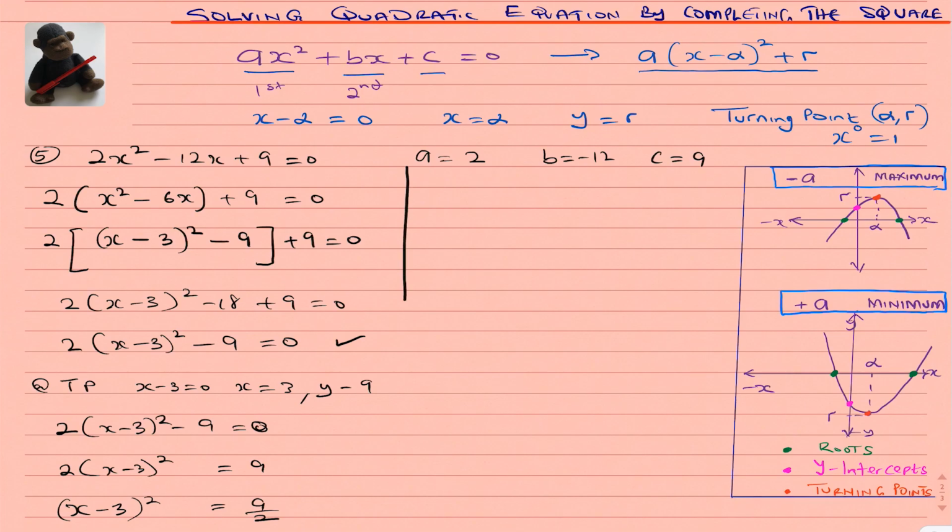Then you draw my line here so I can then carry on. Now I need to square root both sides, so I get x minus 3 equals plus or minus root 9 over 2, and therefore x will be equal to 3 plus or minus root 9 over 2.